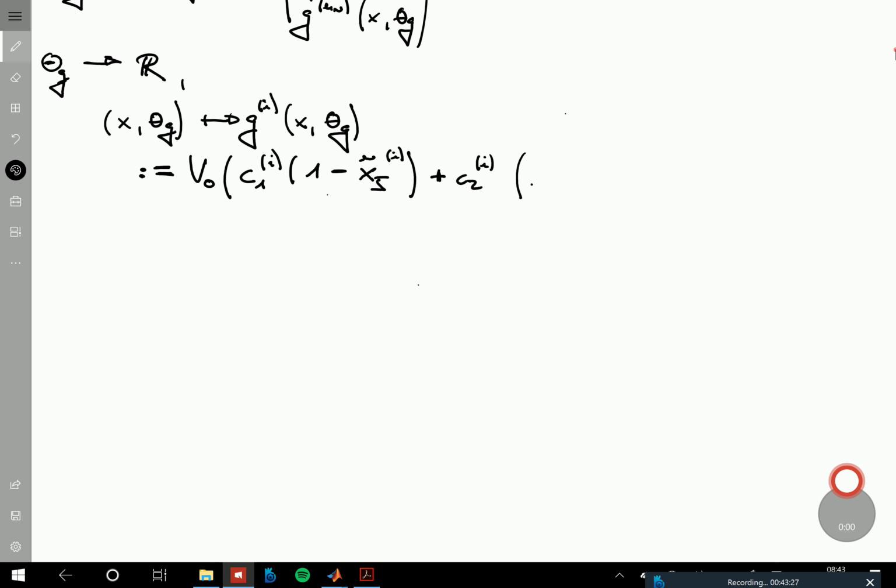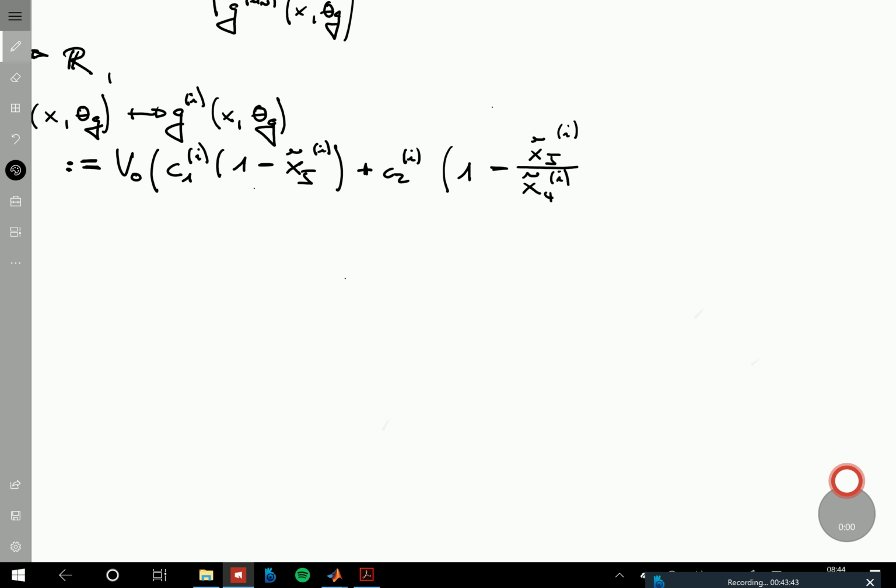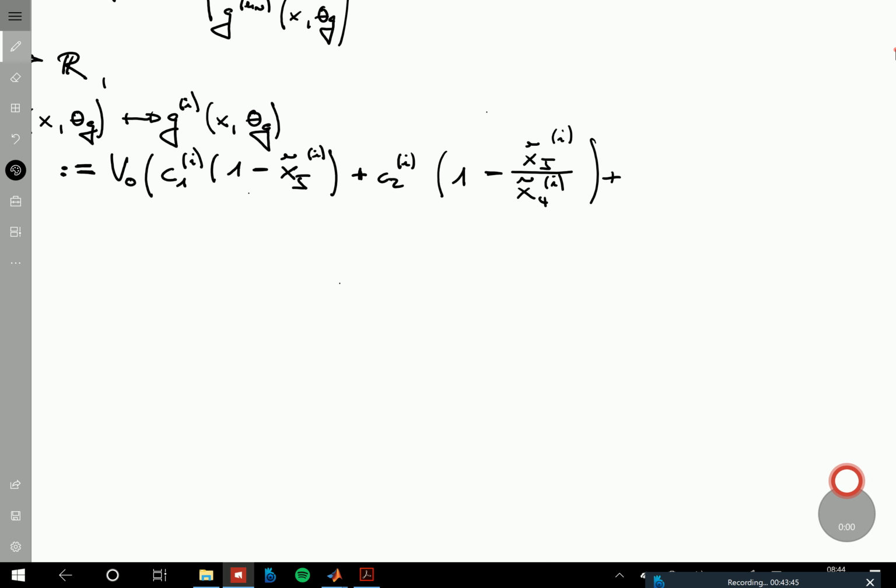It takes the ratio of the deoxyhemoglobin in the ith region with the blood volume in the ith region, and it takes the blood volume.